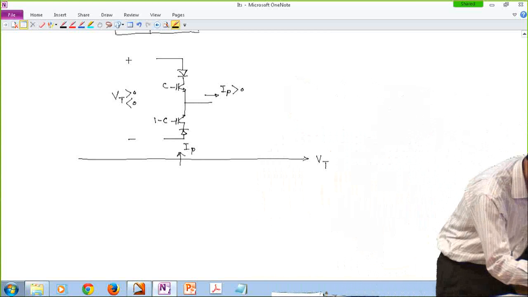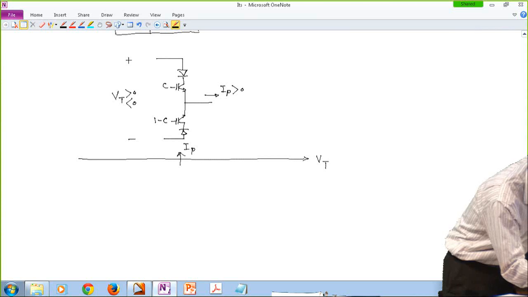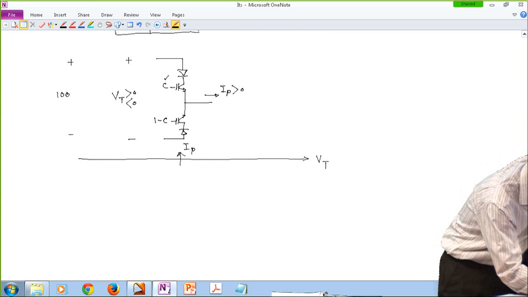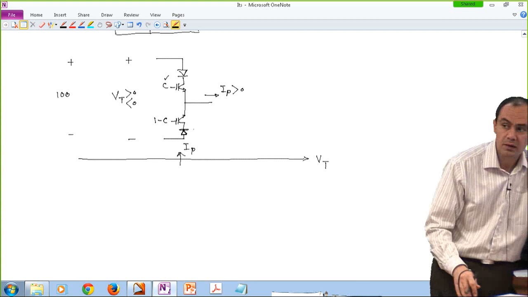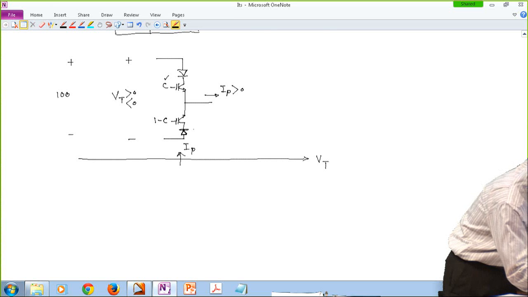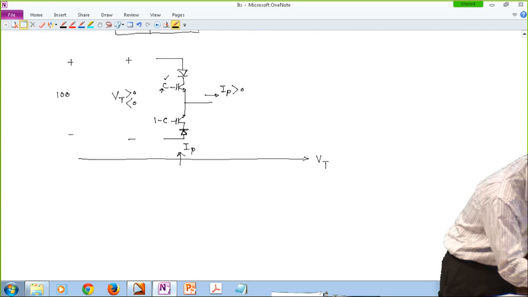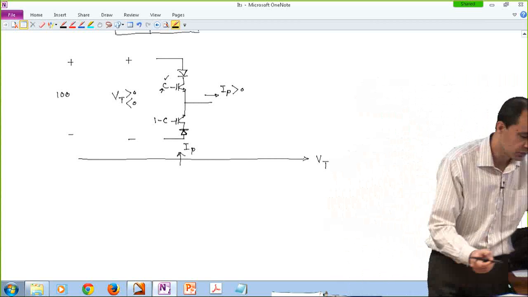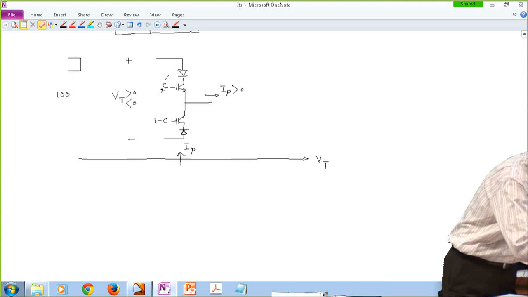But as long as blocking the voltage is concerned, let's say we have 100 volts over here. If this transistor is turned on, then this diode is blocking that voltage. So no problem there. Or if the bottom transistor is on, then this switch that is off is going to block that 100 volts. So no problem there.